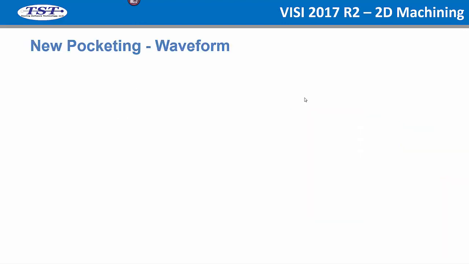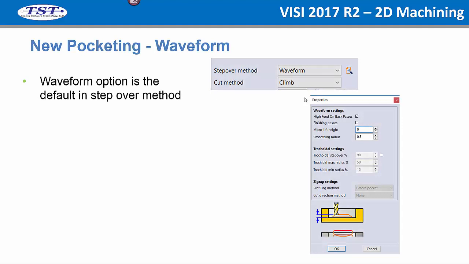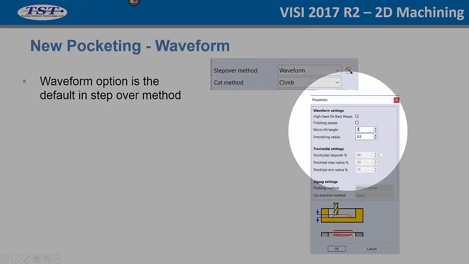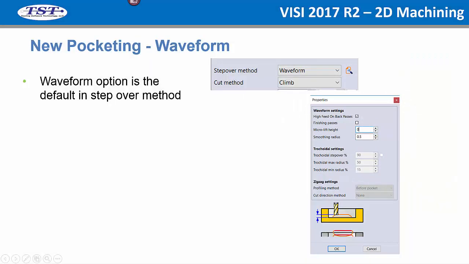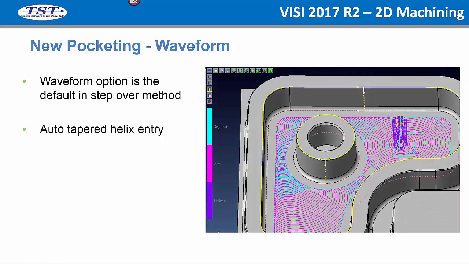So let's take a look at that waveform. That full tricordial, full flute cut, peel milling, as some people call it. That waveform option is defaulted in a step over method. We also have an area where we can add some extra properties here, and you can see them here. Finishing pass, or lap of honor as some people call it, that micro lift height, and a high feed on back passes.